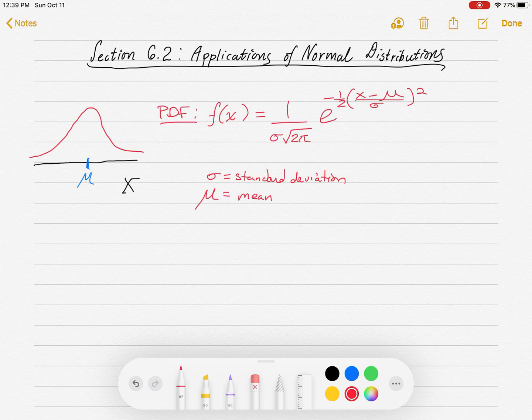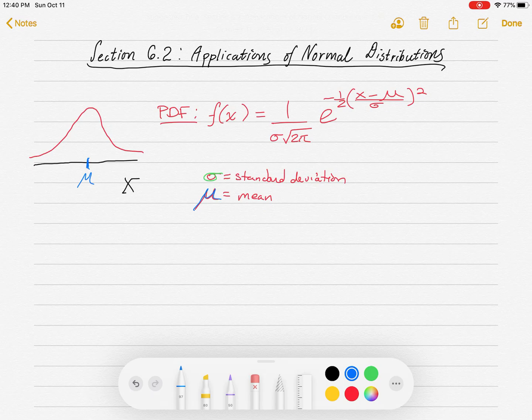Mu is going to be a number, that's going to be your mean. X is a variable. Pi is a number, that's 3.14, and e is a special number, that's the exponential growth number. It's about 2.1718. So that's what happens when you graph that function. You get that red bell-shaped curve. It's called a normal distribution.